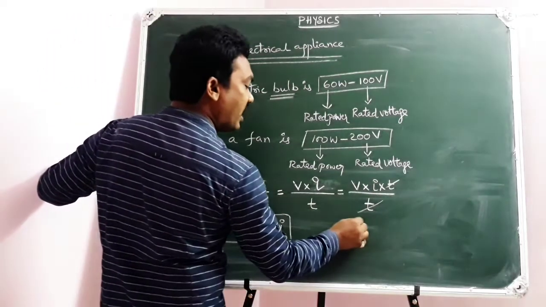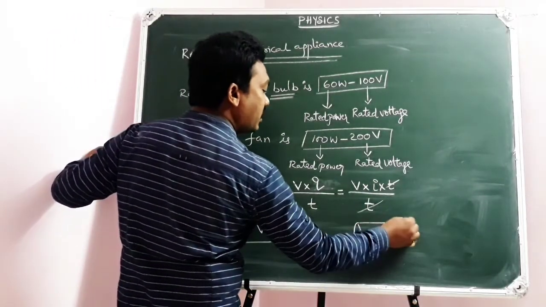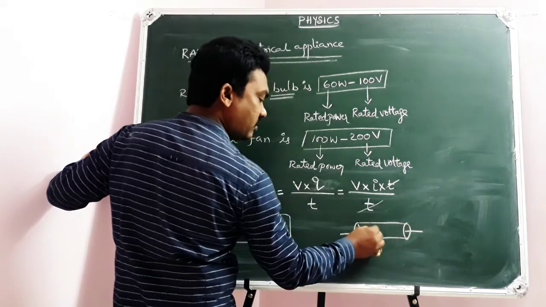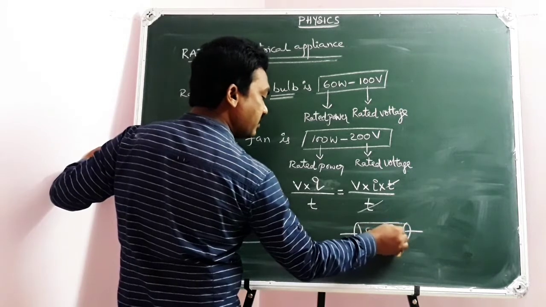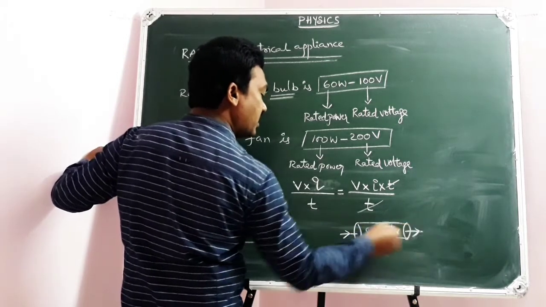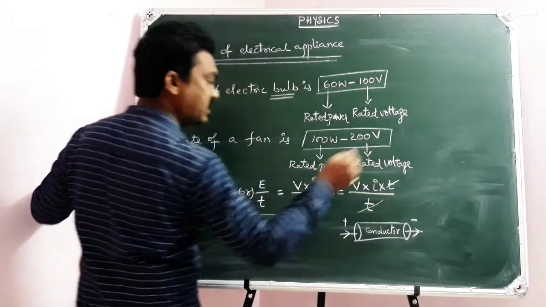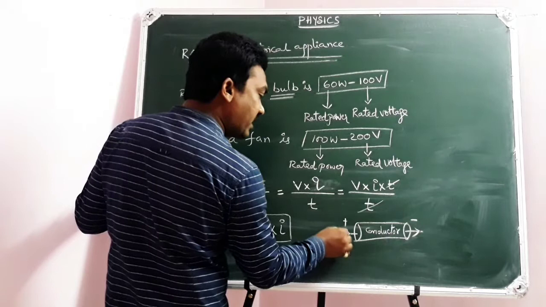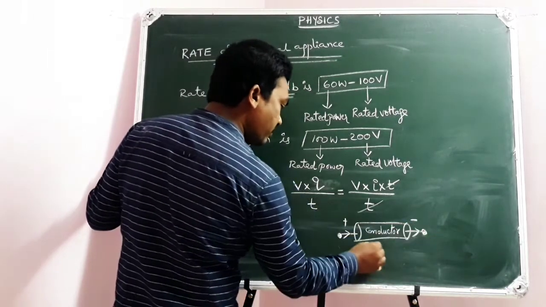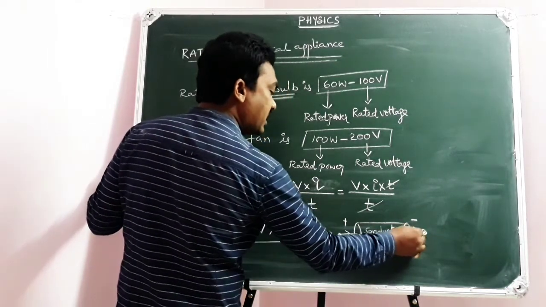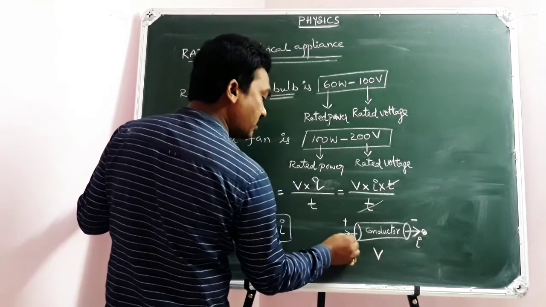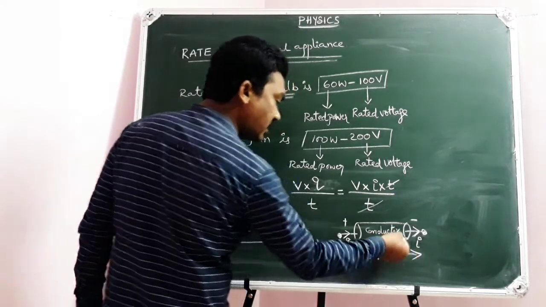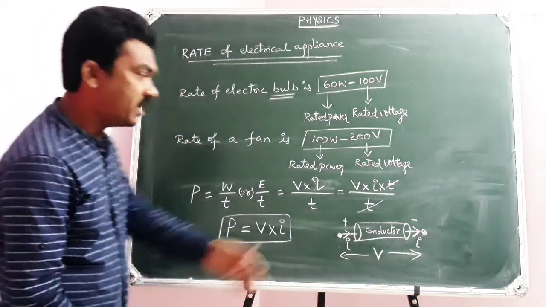Means, if you have an electrical appliance or a conductor through which current is passing from high potential to low potential, current is traveling through the conductor. If the potential difference across the conductor is V and there is a current I passing through the conductor, then the electric power consumed by this conductor is V into I. Your electrical appliance also must be a conductor.